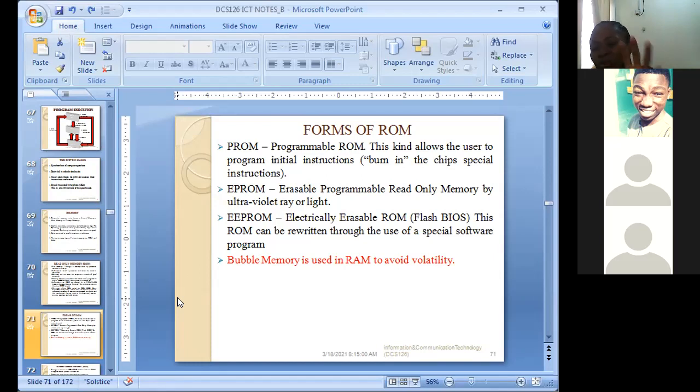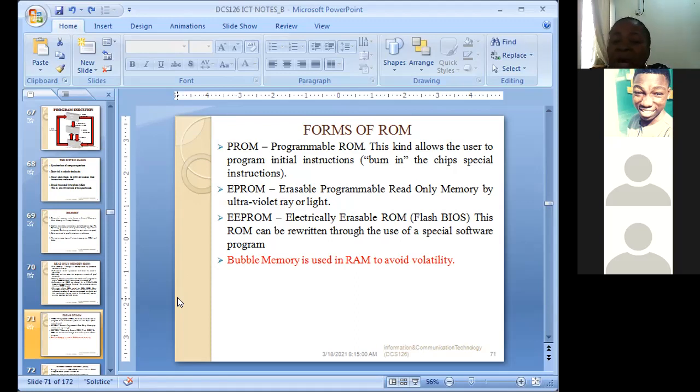So the user programs it, bonds it in. But when I say the user, it's not necessarily you or I. At the point of manufacture, you are able to make a special order. You can say, this is what I want, bond this into the ROM, and it will be programmed into it for you. That's a type of ROM if you have a PROM, okay?